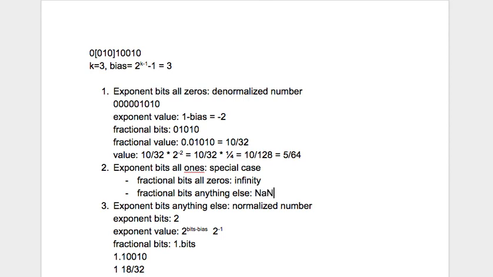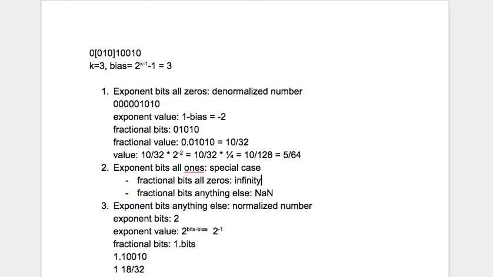So not a number is a special value or series of values that represent something that's not a number. Not a number is defined to not be equal to anything, including itself. And so if you're testing for that, you usually have to do something. You can't ask if it's equal to not a number, because that will always say false. So there's usually some special function for testing if something is not a number.